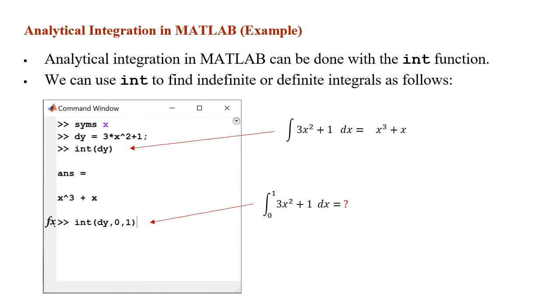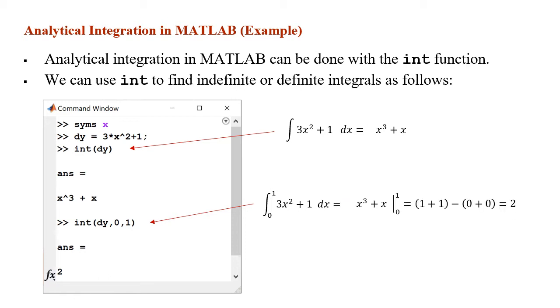So the result, if we hit enter, will become 2, which is equivalent to evaluating x cubed plus x at 1, and then minus x cubed plus x at x is equal to 0. The result, if you calculate it manually, becomes exactly 2. Since this is analytical integration, it is equivalent to calculating the exact integral.